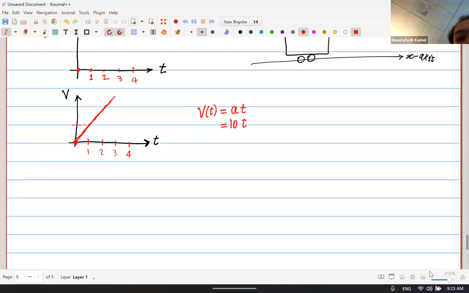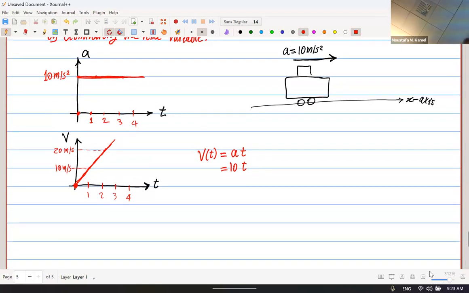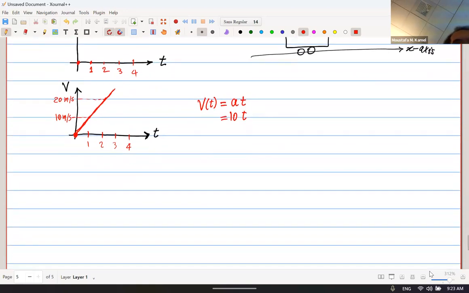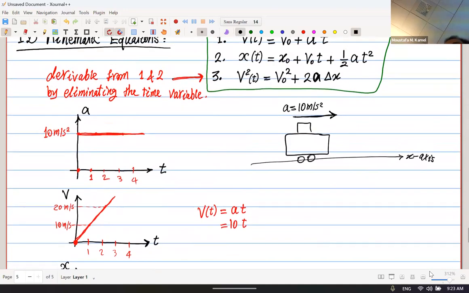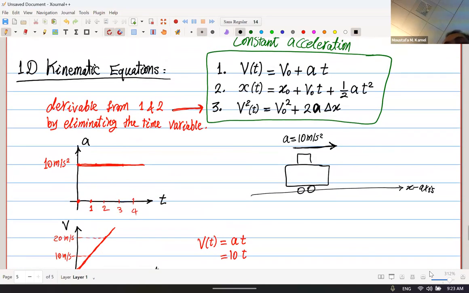At 1, it's 10 meters per second. At 2, it's 20 meters per second. And on this graph, the slope of velocity is the acceleration. If you want to draw position as a function of time, then again, look at kinematic equation number 2.